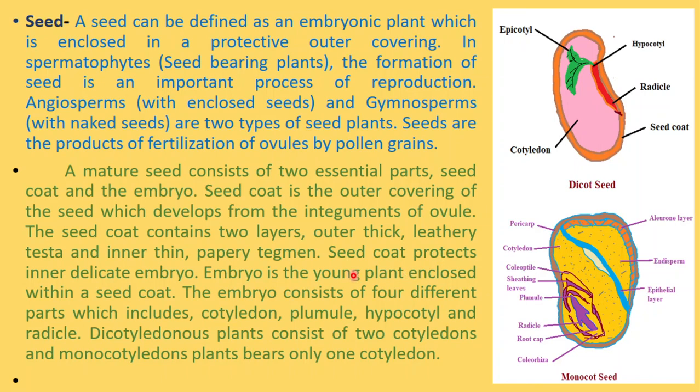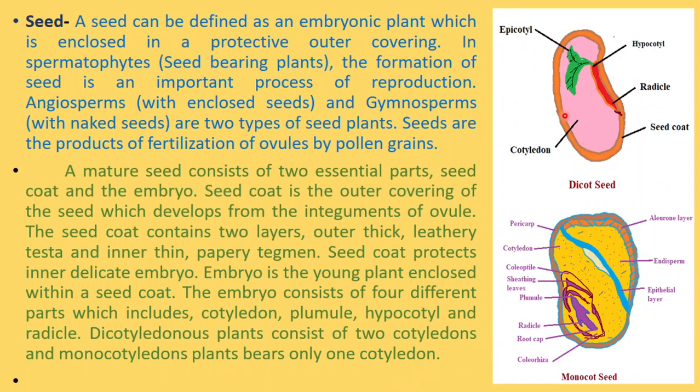The seed coat protects the inner delicate embryo. The embryo is the young plant enclosed within a seed. The embryo consists of four different parts which include cotyledon, plumule, hypocotyl, and radicle. Dicotyledonous plants have two cotyledons, and monocotyledonous plants bear only one cotyledon.